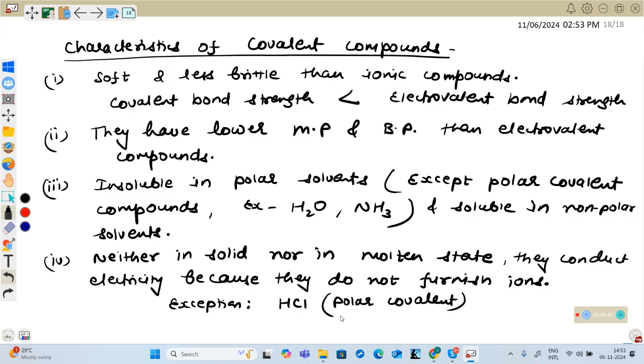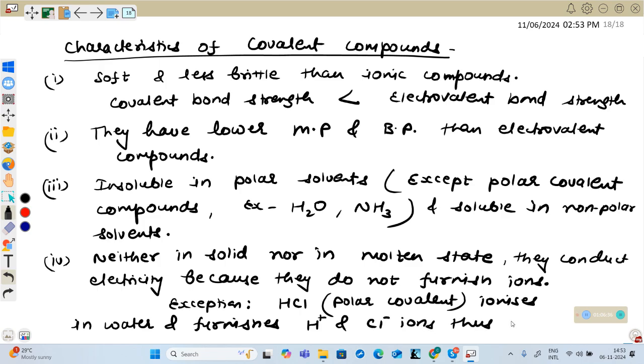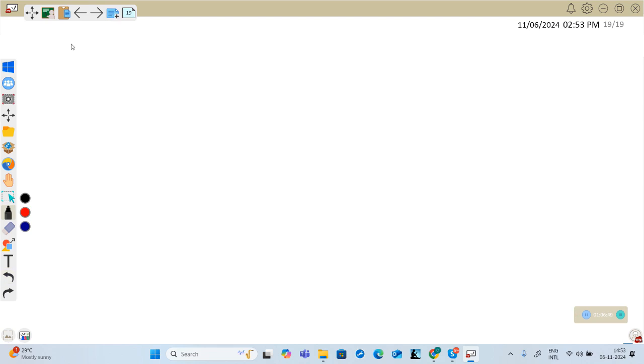HCl, polar covalent, ionizes in water and furnishes H plus and Cl minus ions, thus conducts electricity.